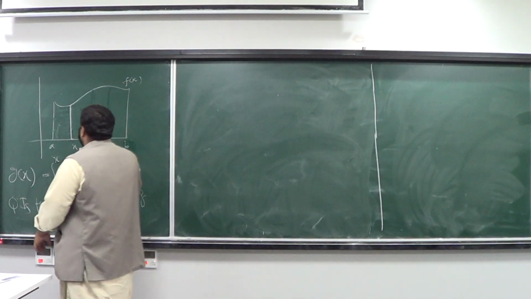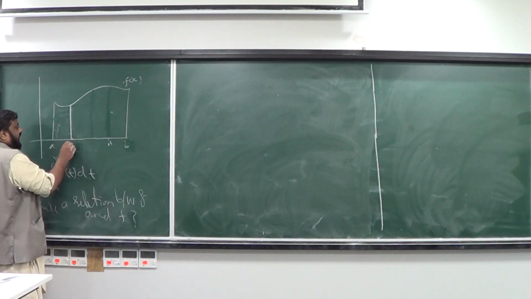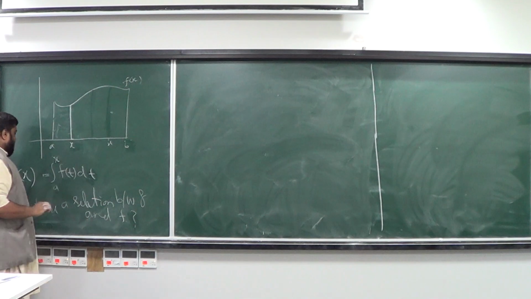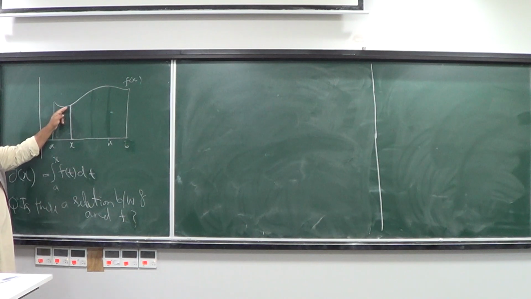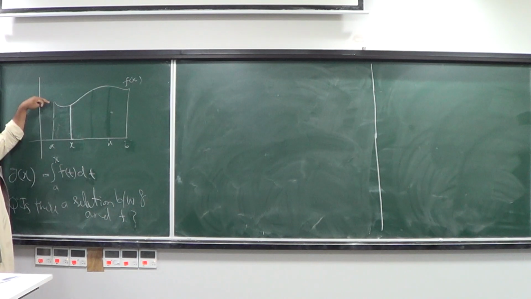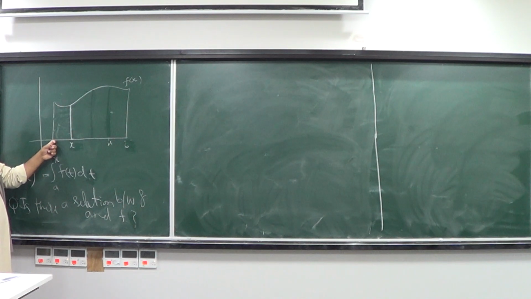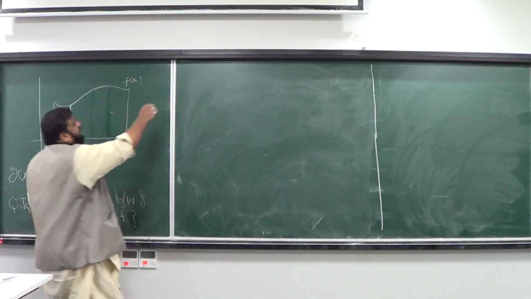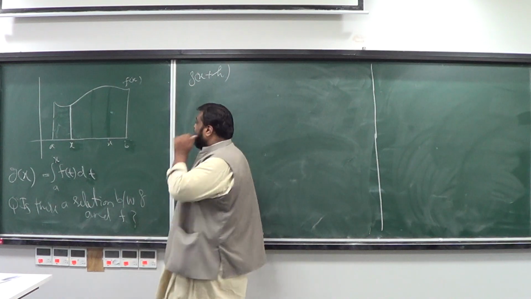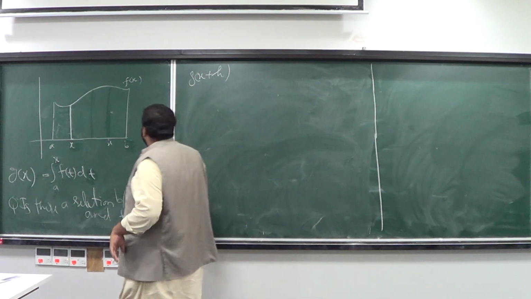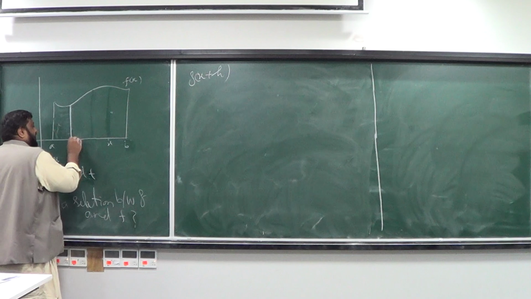The experiment is this: g of x represents all the area under the curve f of x in the interval a to x. The question is, what would be the interpretation of g of x plus h, where h is some quantity?